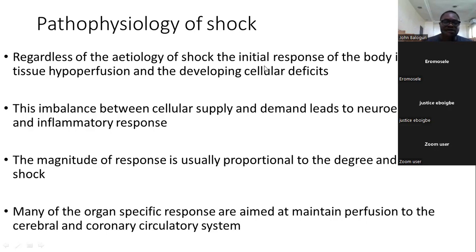That means of generating extra ATP is what results in the problems that occur during shock. The magnitude of the consequences depends on the amount of blood the body gets.